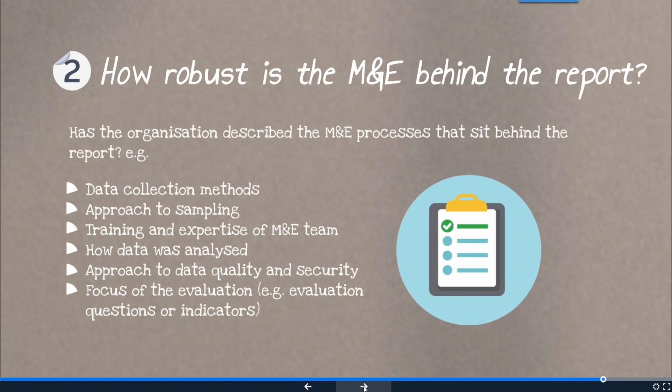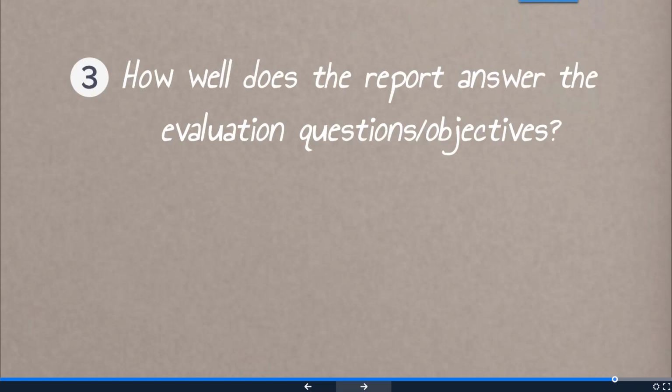So that's a second area of criteria, if you like, to look at a report through. You know, how credible is it? How good's the M&E? The third area we'd recommend to look at it from is how well the report actually answers the questions that are being posed within the impact report.